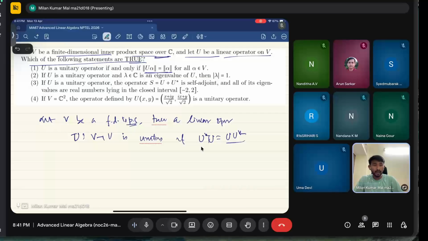Now here, as we are in a finite dimensional linear product space, whatever operator you choose, the adjoint always exists. Unitary if and only if this is equal to identity.